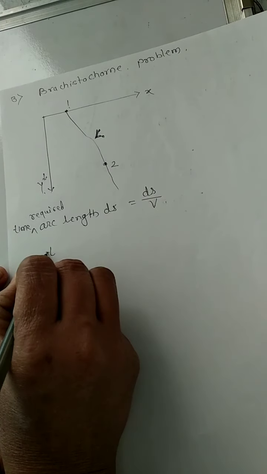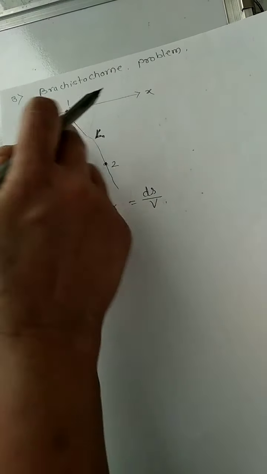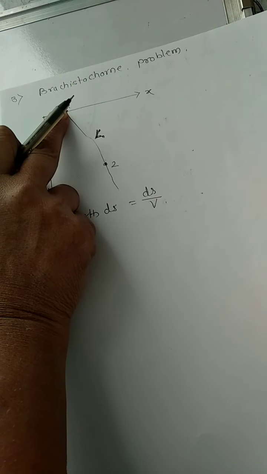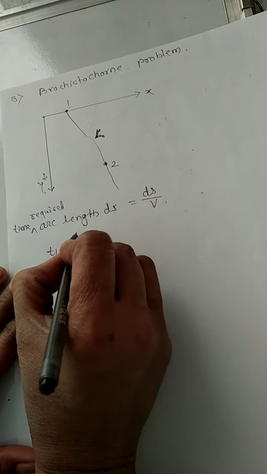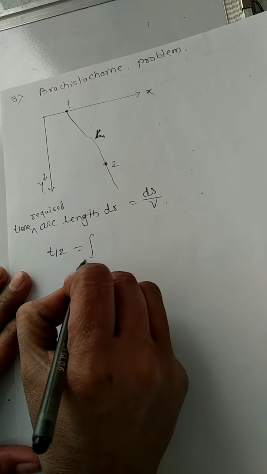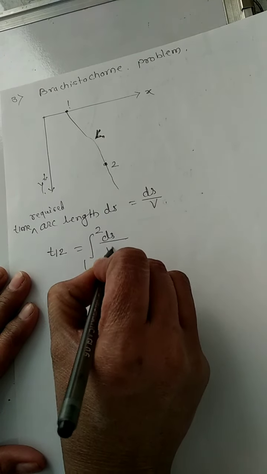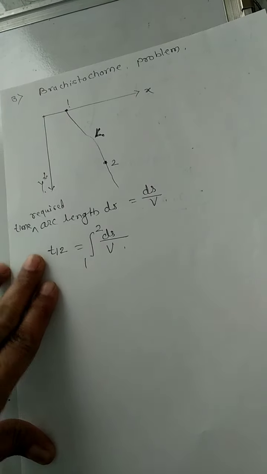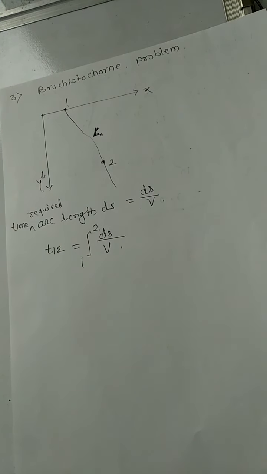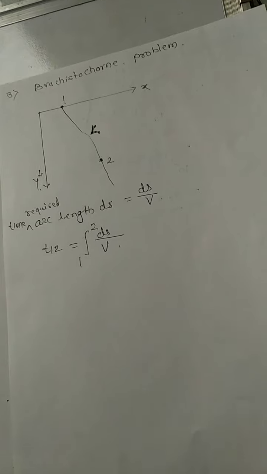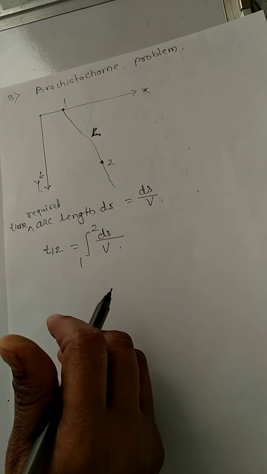The time required from point 1 to 2 is the integral from 1 to 2 of ds upon v.